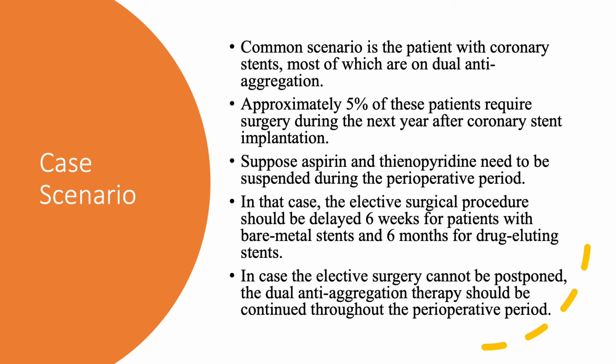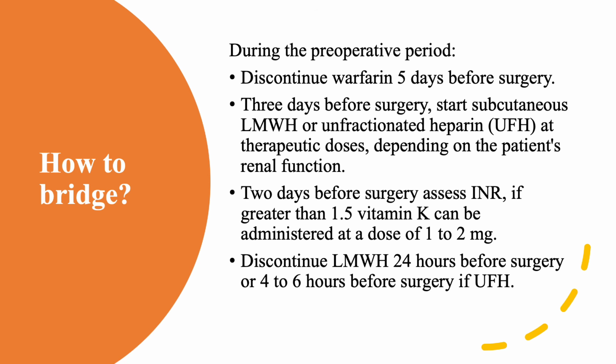In that case, the elective surgical procedure should be delayed at least 6 weeks for patients with bare stents and 6 months for drug-eluting stent patients. In case the elective surgery cannot be postponed, the dual anti-aggregation therapy should be continued throughout the perioperative period, controlling the bleeding if it occurs.